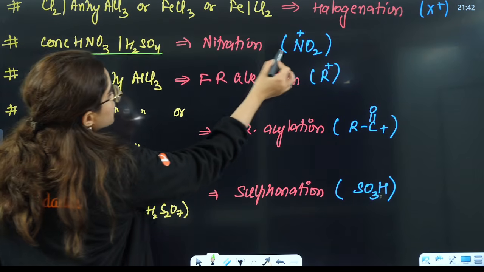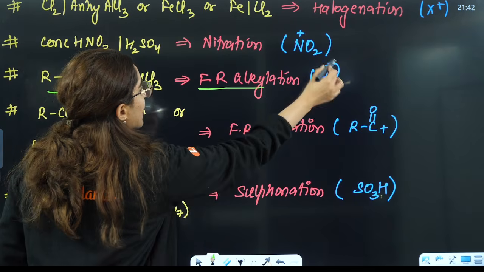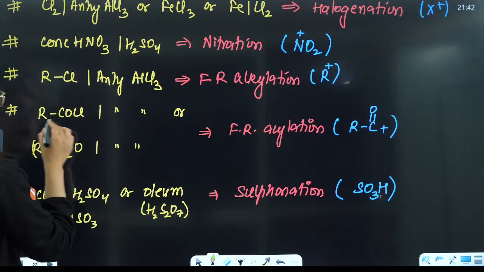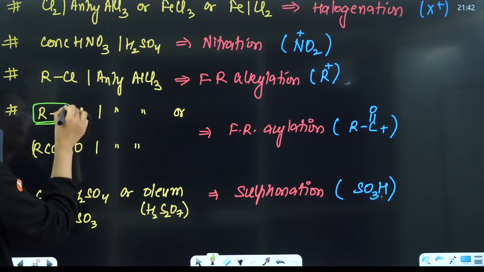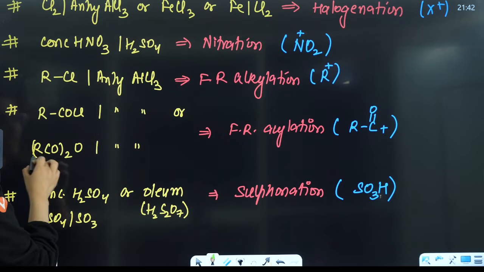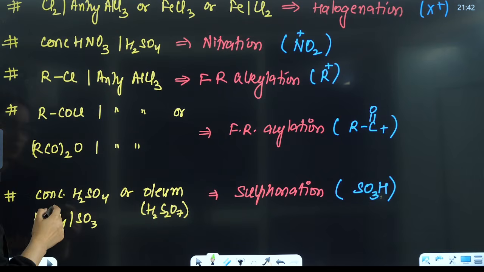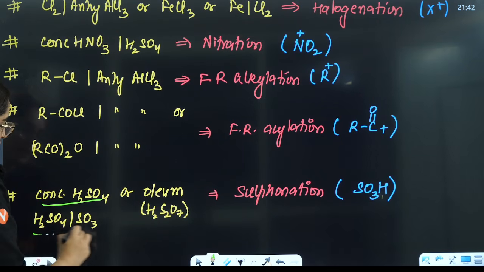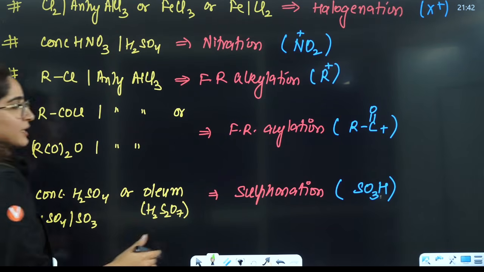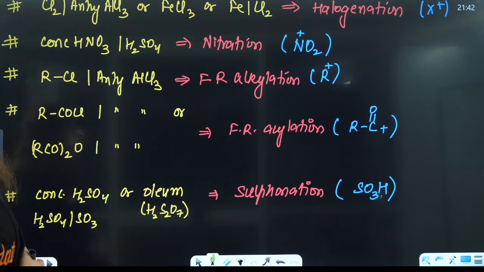This will produce NO2 positive. This will produce alkylation, that means R positive. If you have RCOCl, it will produce RCO positive as an electrophile. Here you can use RCOCl or anhydride also. If you have concentrated H2SO4 or oleum, then it is going to give you SO3H as the attachment.